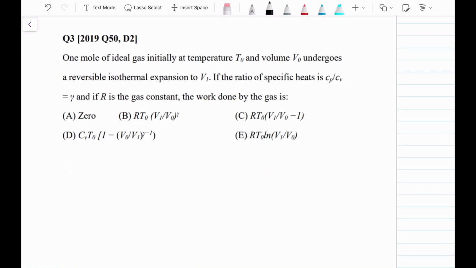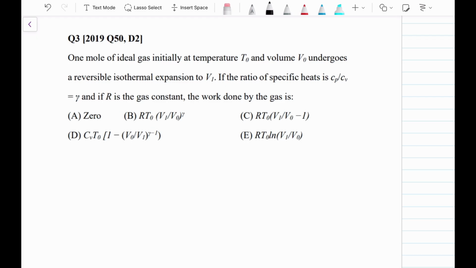So the last question says 1 mole of ideal gas initially at temperature T0 and volume V0 undergoes a reversible isothermal expansion to V1. If the ratio of the specific heats Cp over Cv is equal to gamma, and if R is the gas constant, the work done by the gas is.